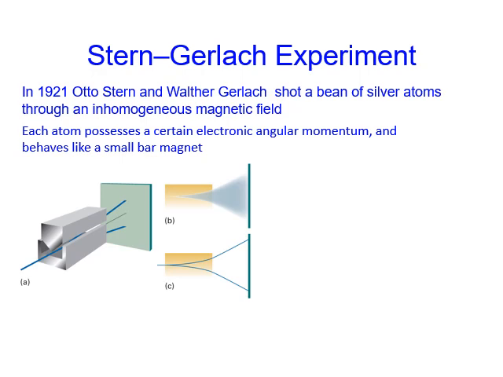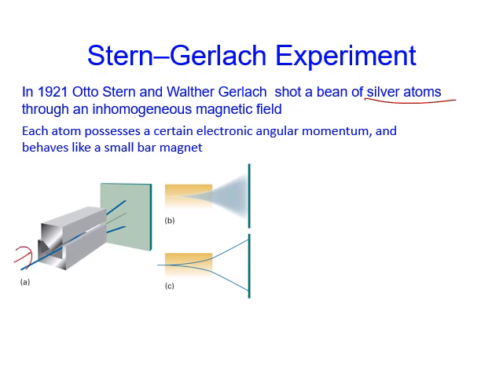In 1921, Otto Stern and Walther Gerlach did an experiment to confirm the quantization of angular momentum of atoms by shooting a beam of silver atoms through an inhomogeneous magnetic field.